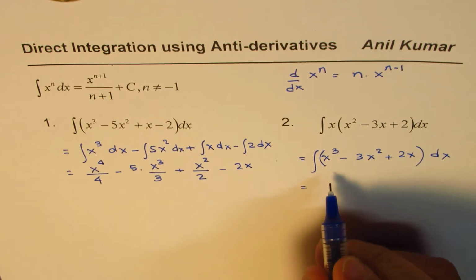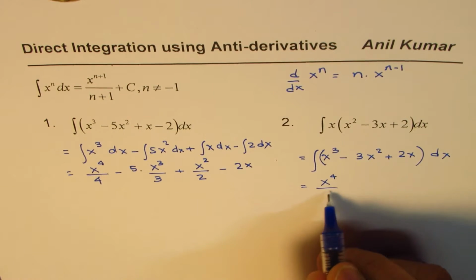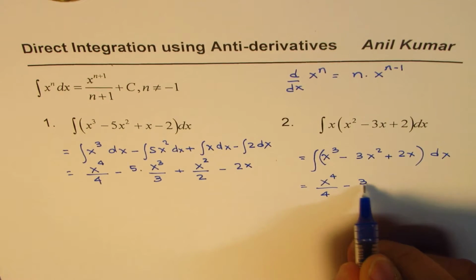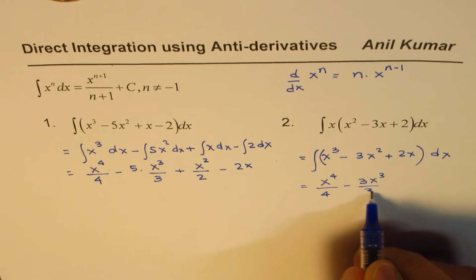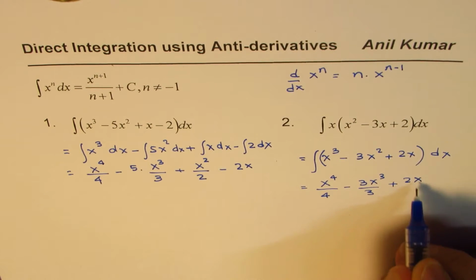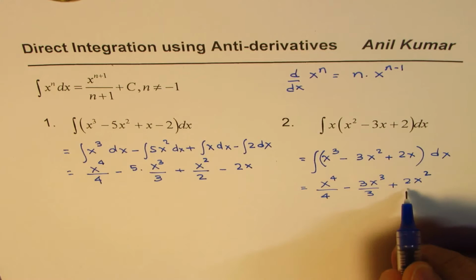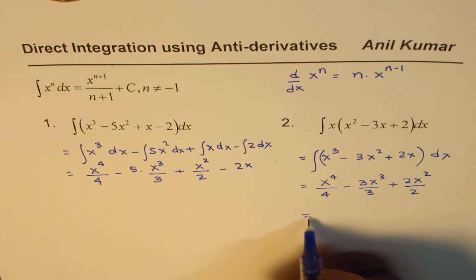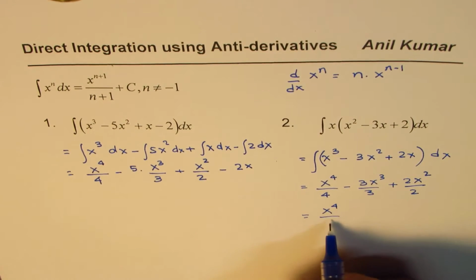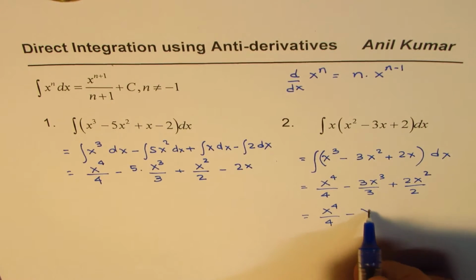Apply the formula, write down the result. So x to the power of 4 over 4 minus 3x cubed over 3 plus 2x squared over 2, and then simplify it. So we get x to the power of 4 over 4 minus x cubed plus x squared.